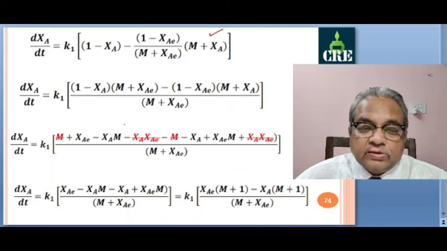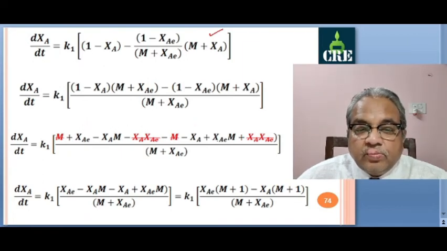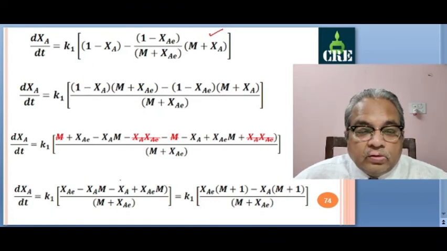The XAXAE terms cancel out and you are left with only four terms: XAE minus XAM minus XA plus XAE into M. From these terms, you can take XAE common: XAE into (M plus 1).